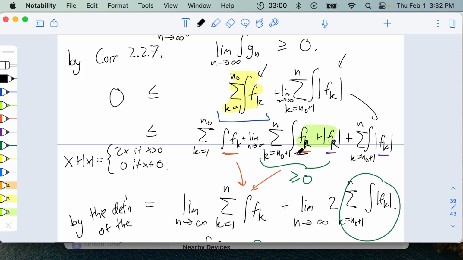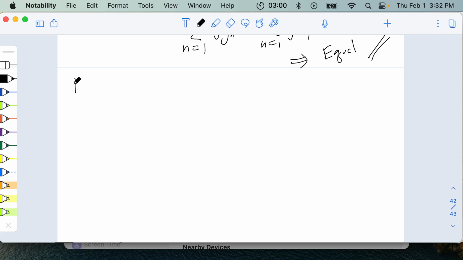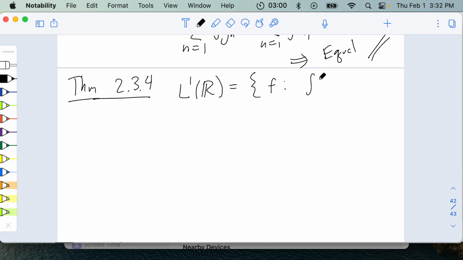Okay. So the next theorem is exciting because it is the definition of the space L1. This is Theorem 2.3.4, which says L1 of R, which is the set of Lebesgue integrable functions, equals the set of f such that the integral of f is less than infinity. And this is a vector space.